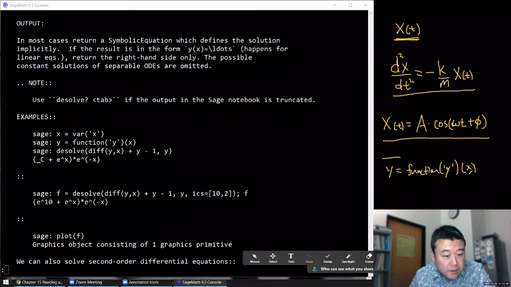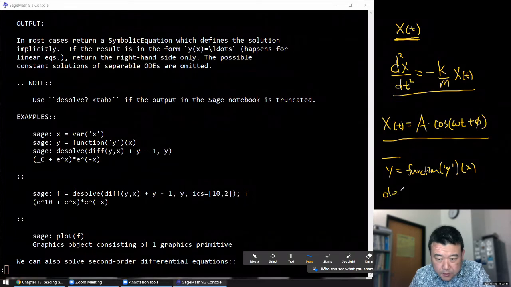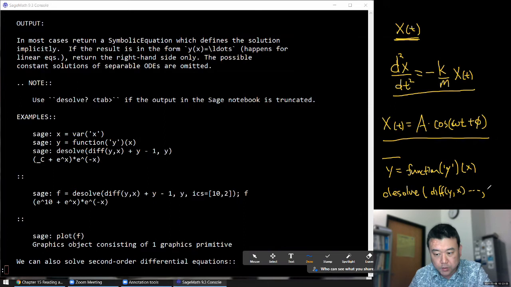And then the syntax for desolve would be desolve. Oh, right. If yx, it tells you it's a derivative of y with respect to x, and then some other things, and then the dependent variable is what they want here. Okay, I think that makes sense.